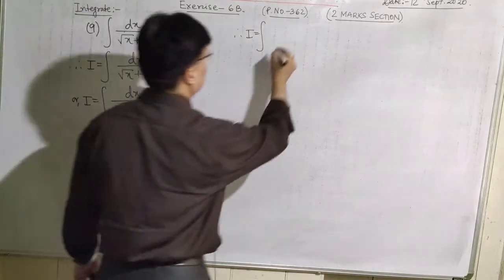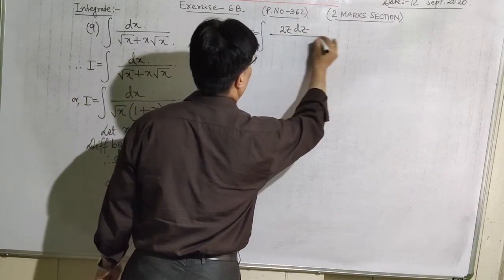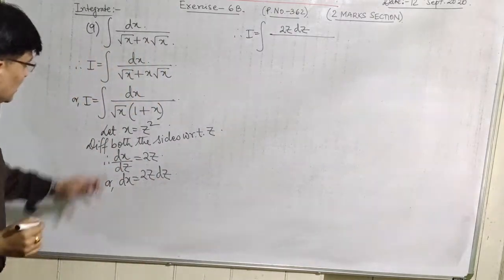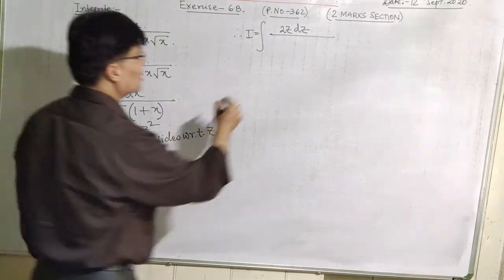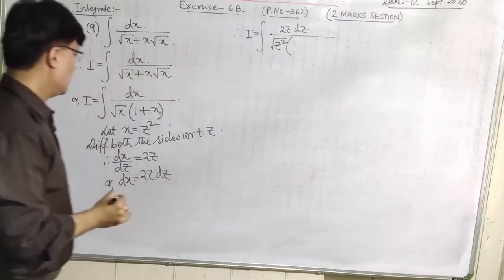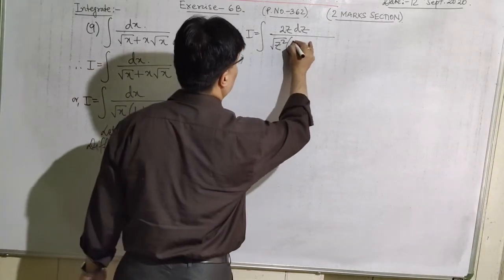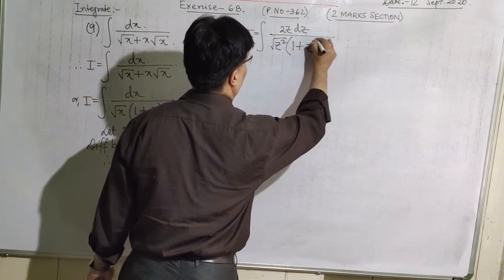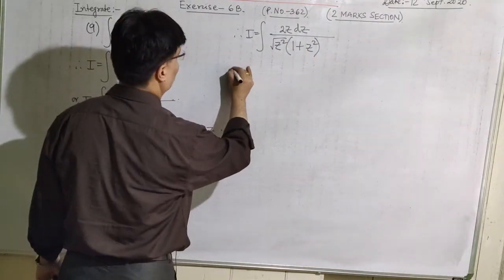So therefore I is equal to integration of, what is the value for dx? It is 2z dz divided by, in the denominator, root over z square, isn't it? Root over x means root over z square. And within bracket 1 plus x is z square. So it is 1 plus z square. Is that understood now? So let us simplify it further.